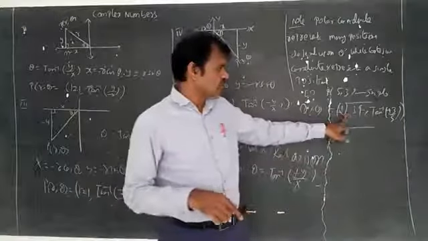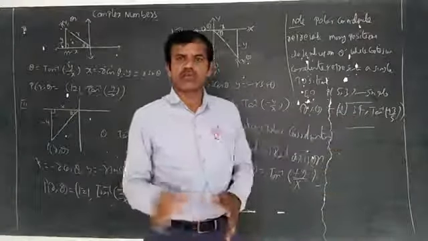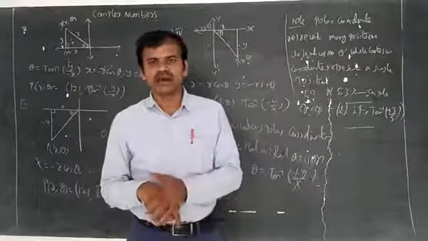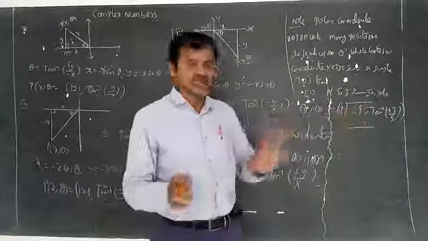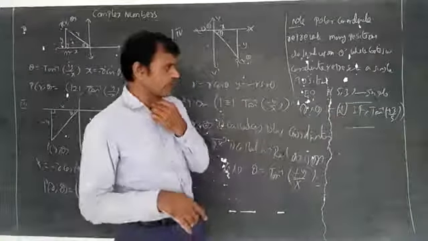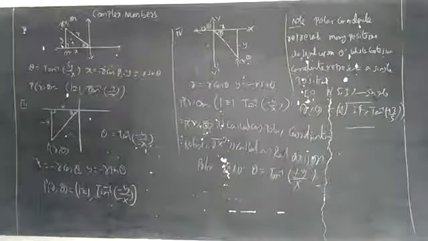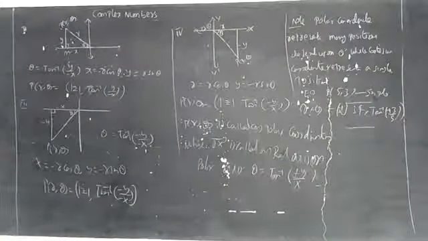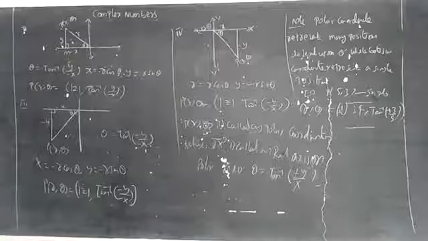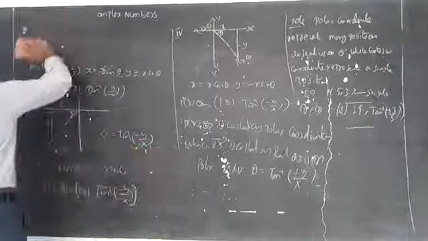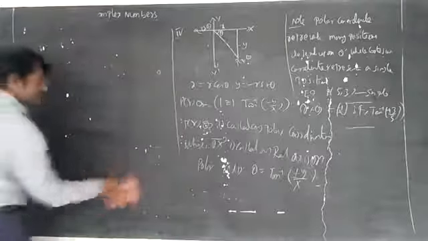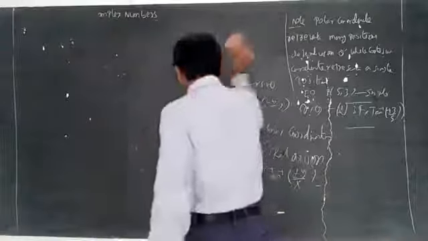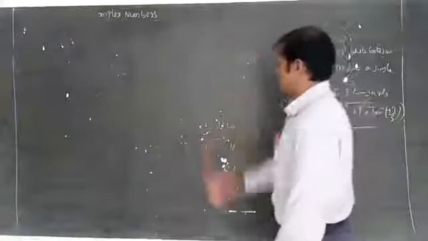So simply you can write root 34 comma tan inverse 3 by 5, after completion of 2 pi plus theta, again root 34 comma 2 pi plus tan inverse of 3 by 5, again 4 pi plus tan inverse of 3 by 5, like that. Plenty of rotations we can rotate. Now let us discuss the modulus amplitude form.